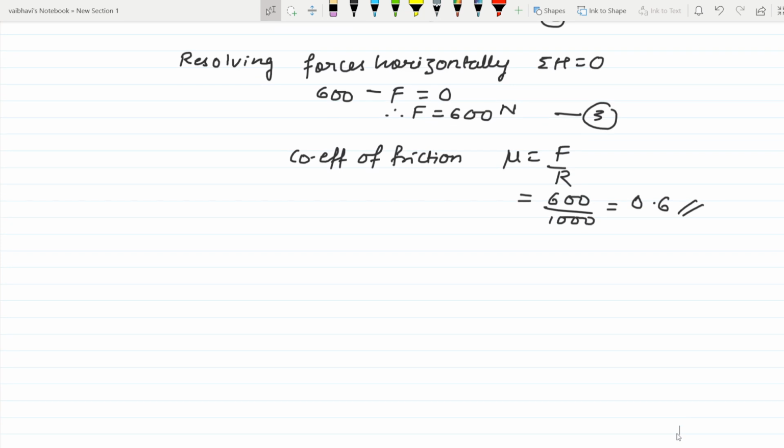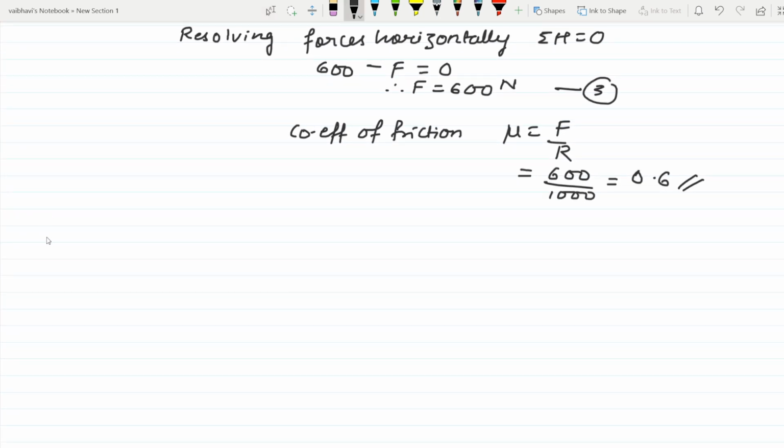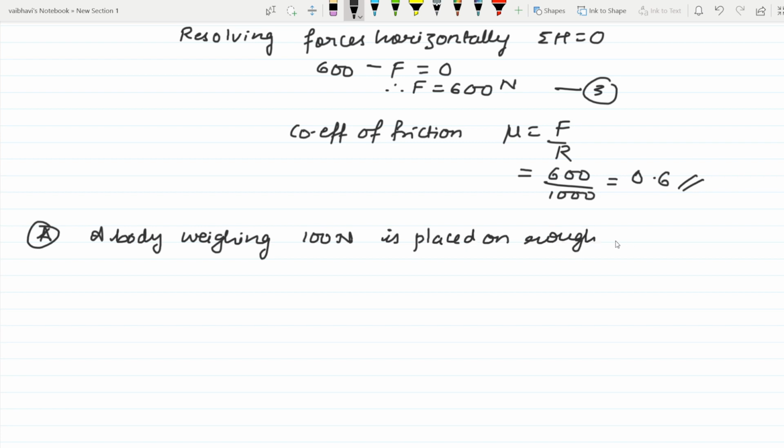Here the force given was horizontal to the plane. Second, they can also ask you a problem like this: a body weighing 100 Newton is placed on a rough horizontal plane and is pulled by a force of 30 Newton.